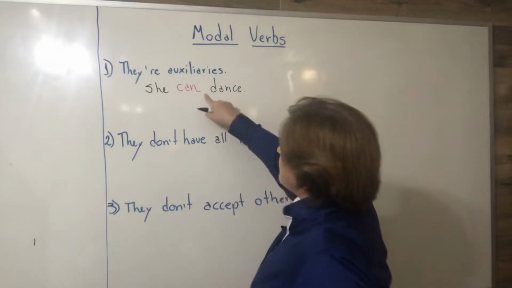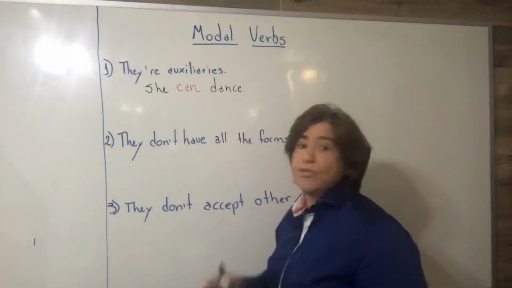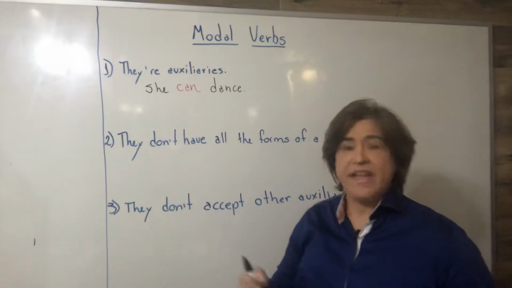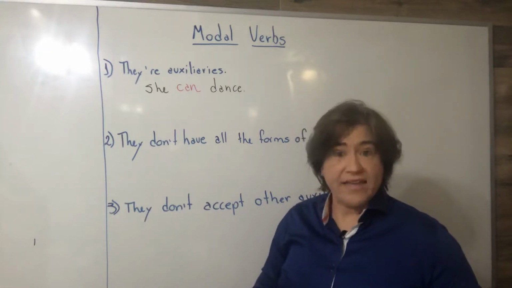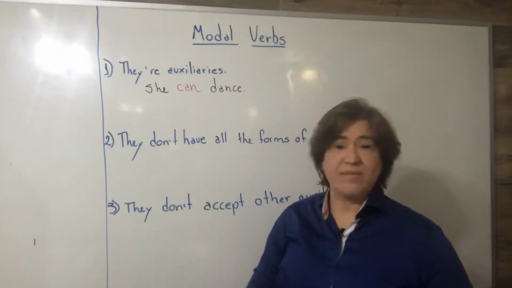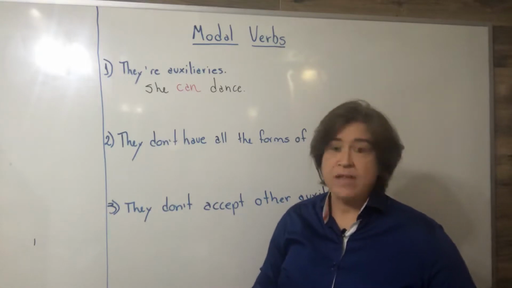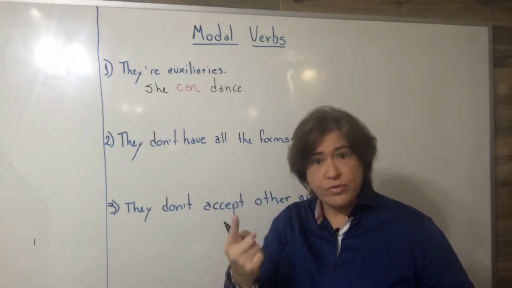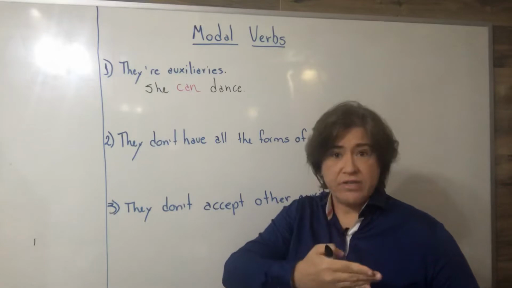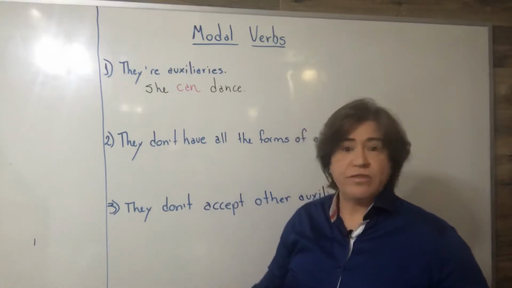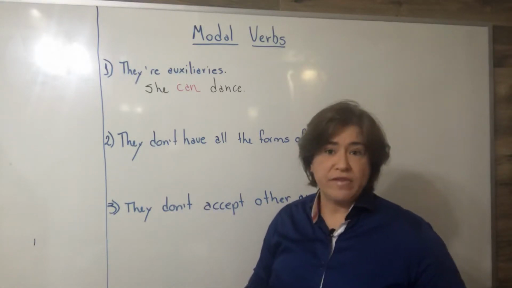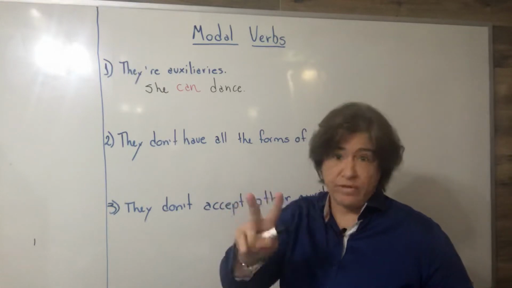Another very important thing, there is no to between can and dance. Can is a verb, but at the same time it's an auxiliary. So we never use to between an auxiliary and a verb. We always use to indicate infinitive between two verbs.